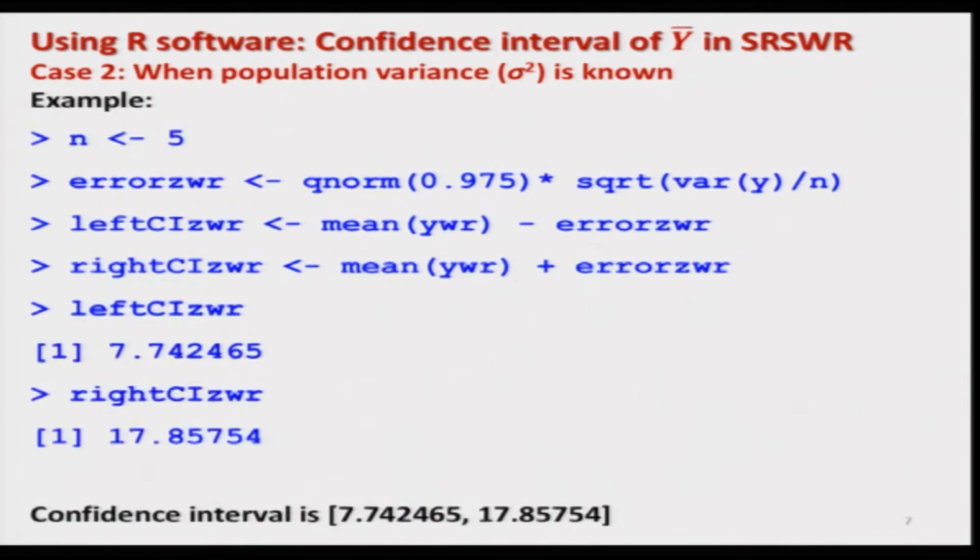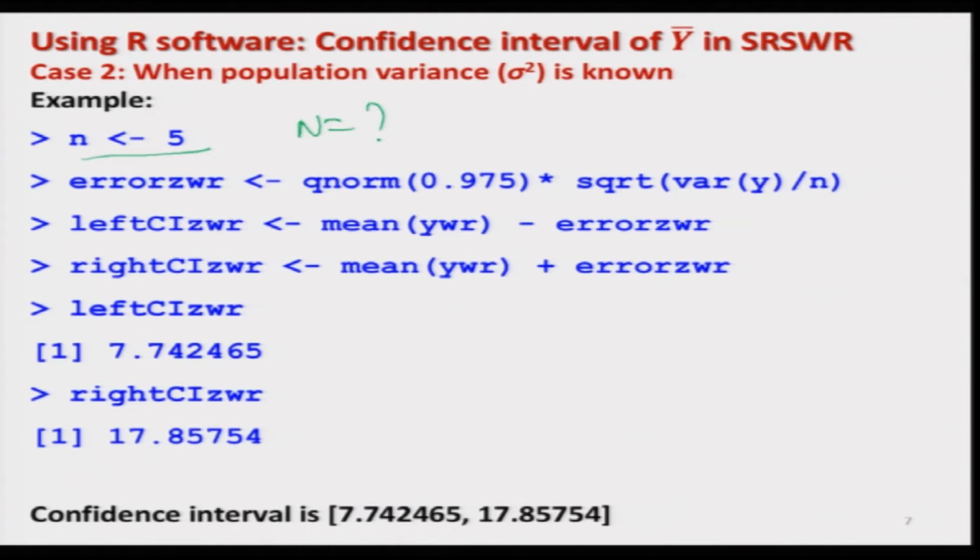Now we try to execute these things on the R console. As we have seen, n is equal to 5, small n, which is the sample size, and practically you do not need capital N here. That is the reason I am not giving it, although if you wish you can give it, but in order to compute the confidence interval you need only the variance, and variance depends only on small n.